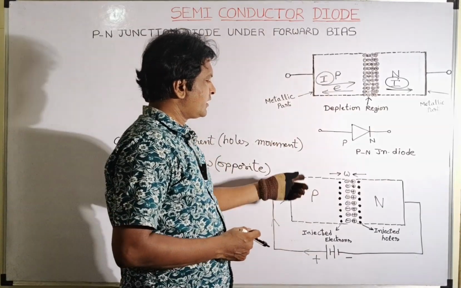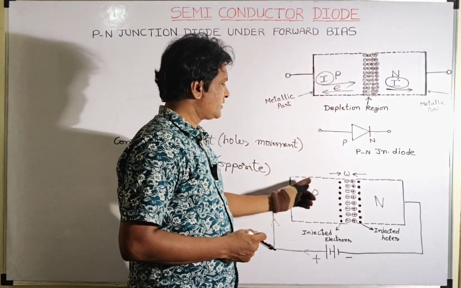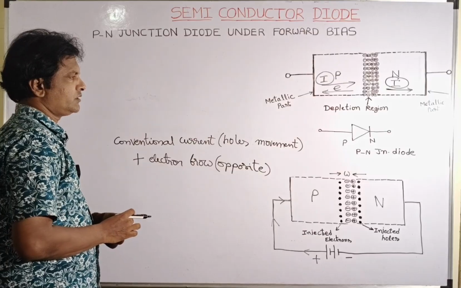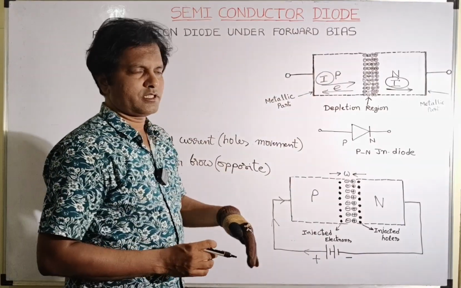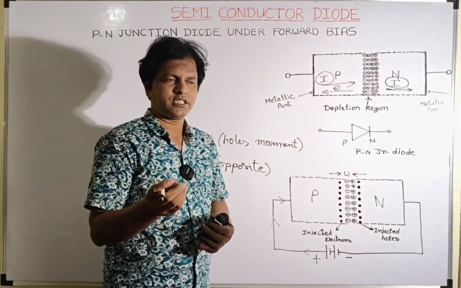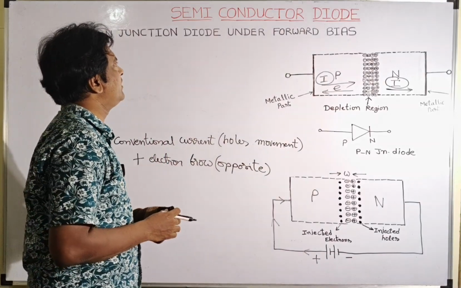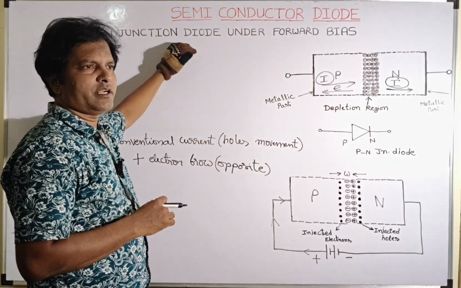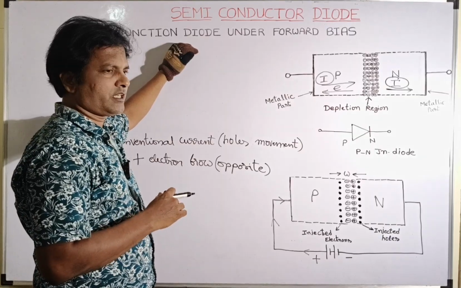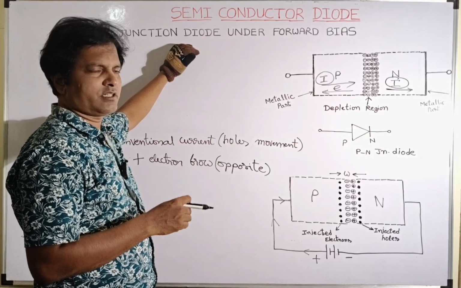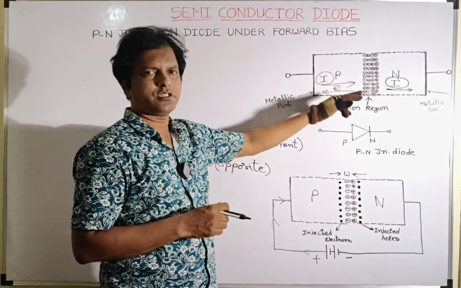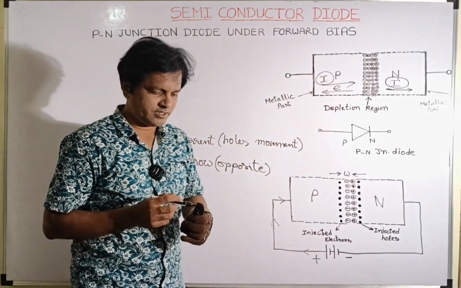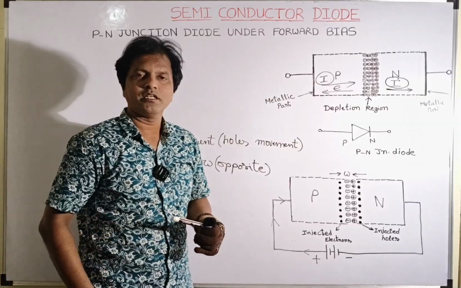This is called current flow because of the forward bias in a PN junction diode. We calculate the current with a sensitive instrument like a galvanometer. So this is how forward biasing is done, and we observe the current flow and how much current will flow in a PN junction diode while forward biasing. This is the concept. In the next topic we will see reverse biasing.